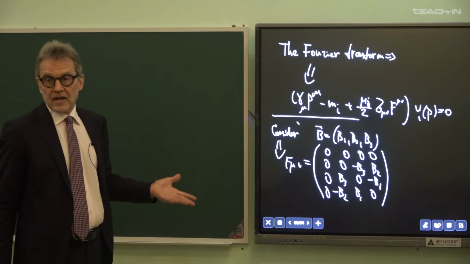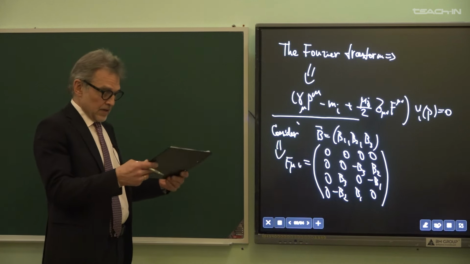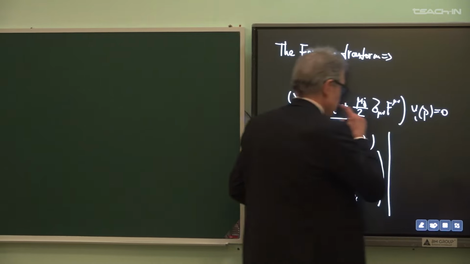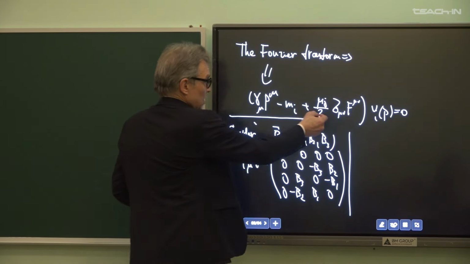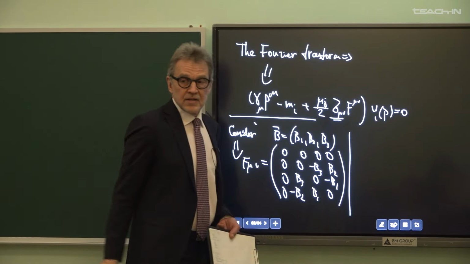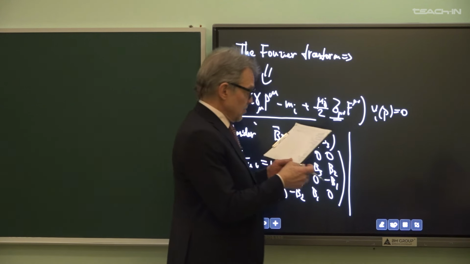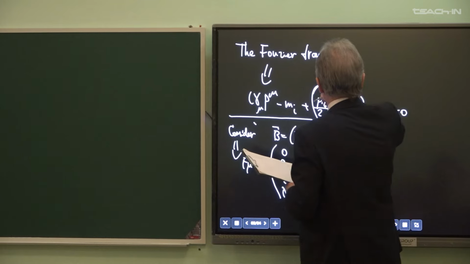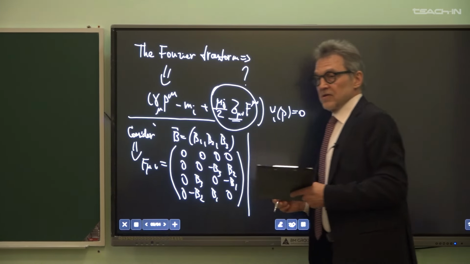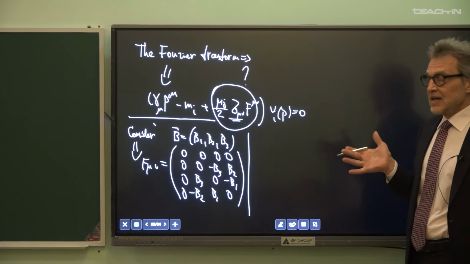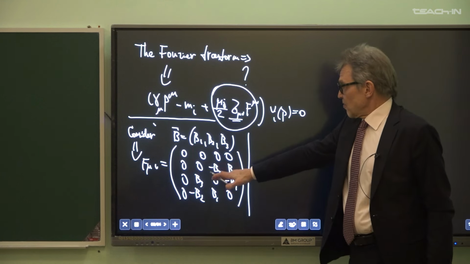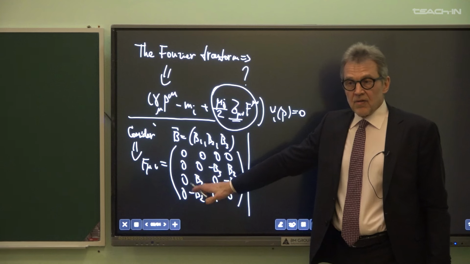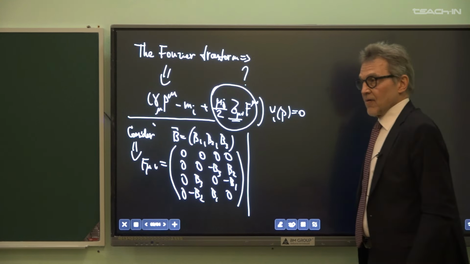We fix the axis and the projections of the field. So now, if you know the properties of these matrices, it is very easy to calculate this term. We can easily calculate this term and express it exactly in terms of the projections of the constant magnetic field on the fixed axes of the reference frame.